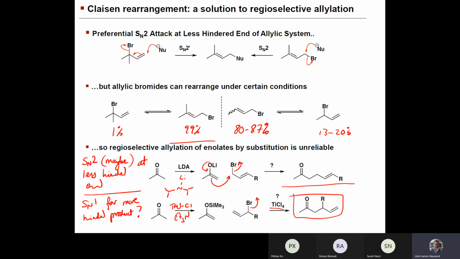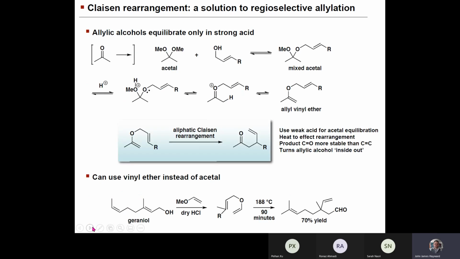So, how could we actually stop saying maybe quite so much and actually get the product that we want? Well, obviously pericyclic reactions can come to our rescue here. So, remember that allylic alcohols only equilibrate in strong acid.